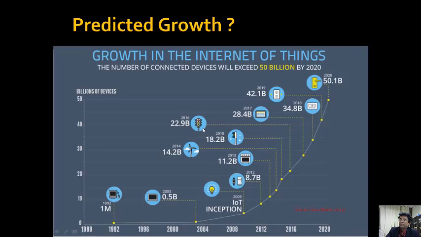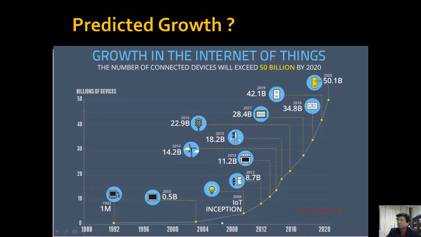So what is the expected, predicted growth? In the beginning I said by 2020 we are expecting around 50 billion devices connected to the net. The y-axis shows the billions of devices, and the x-axis shows the time.